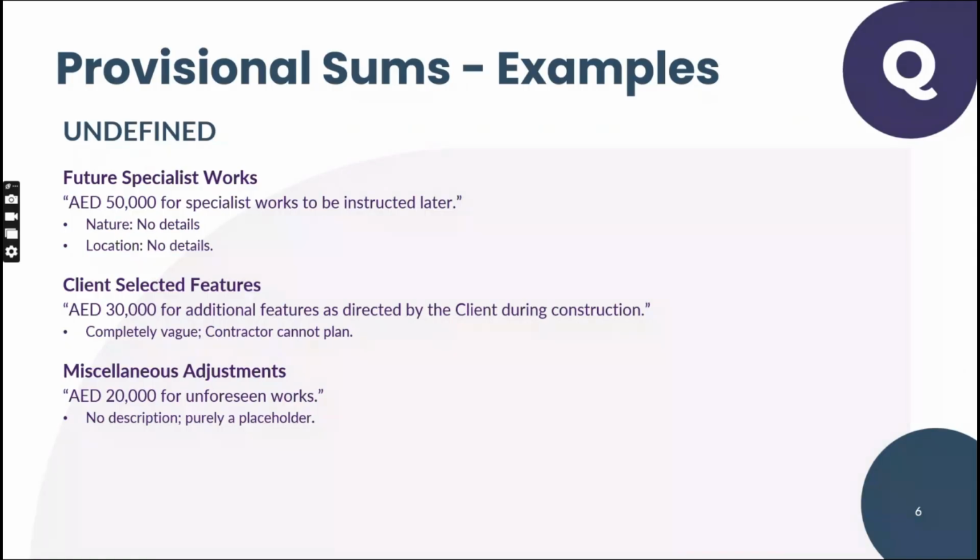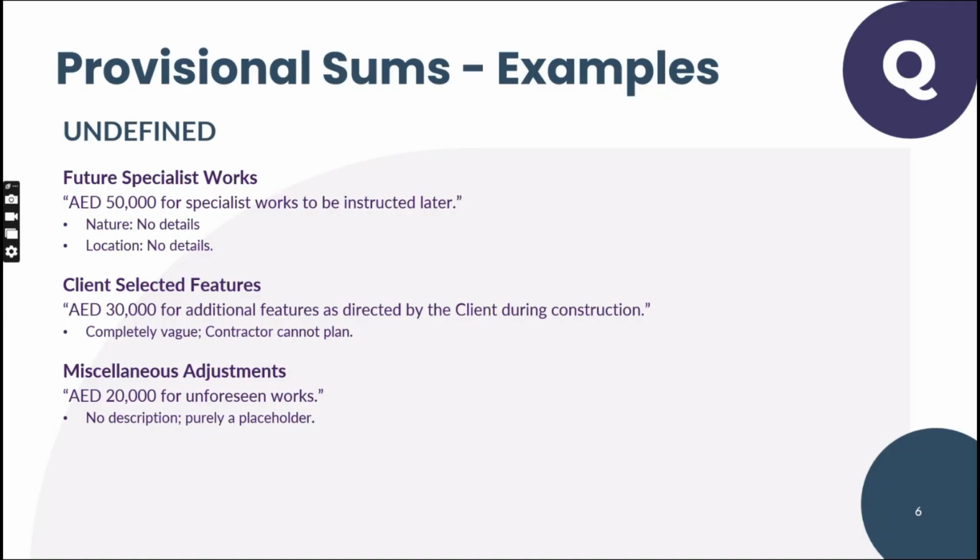So mainly there are two types of proportional sum: defined proportional sum and undefined proportional sum. Okay, let me give you one clarity over here. If you're a contractor, you will not be seeing this item in your BOQ.